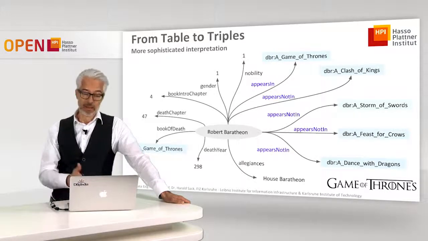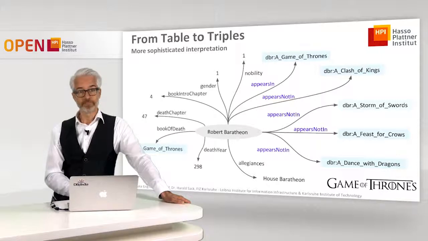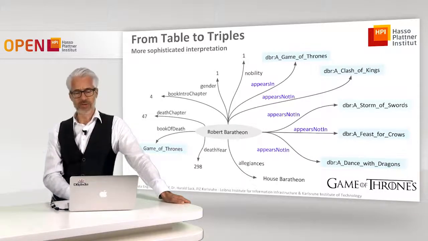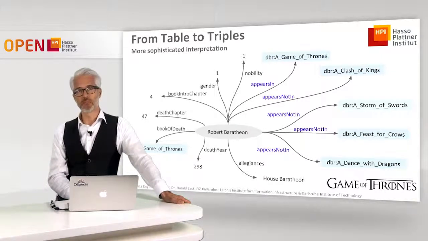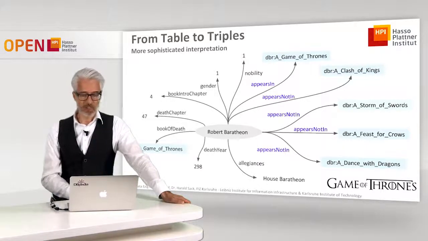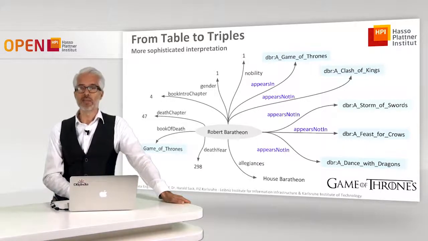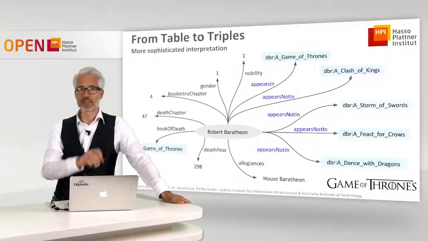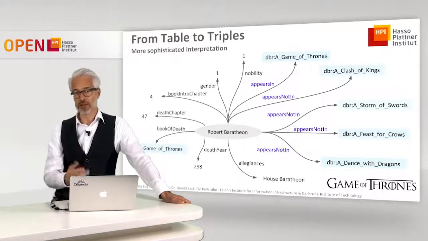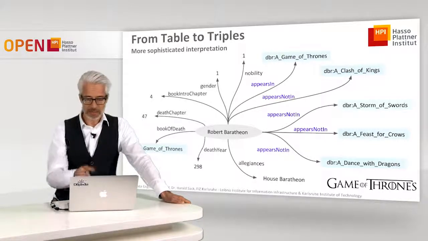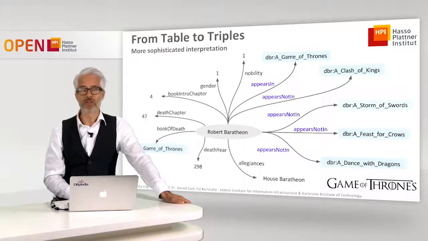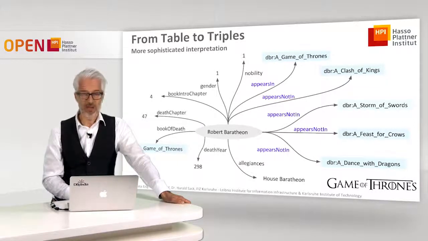Okay. First thing, I have substituted this appears in book 1, appears in book 2, and so on, via the information that the character appears in a specific book of that book series, which are 5 and soon 6 books. And I have put here the books as I have found them on DBpedia.